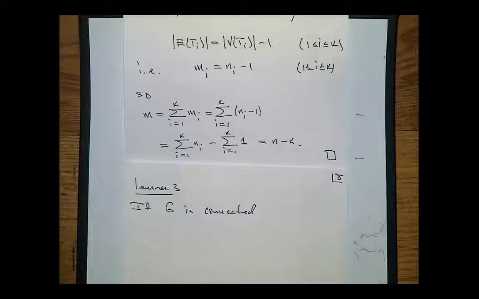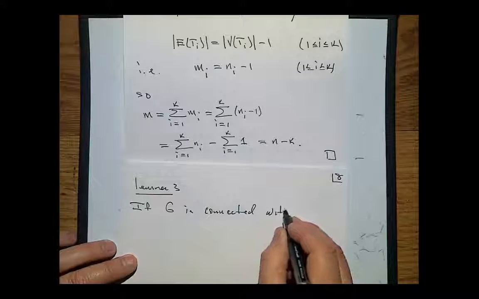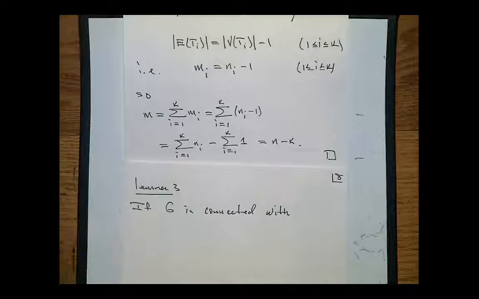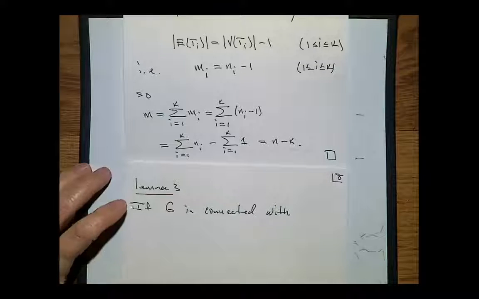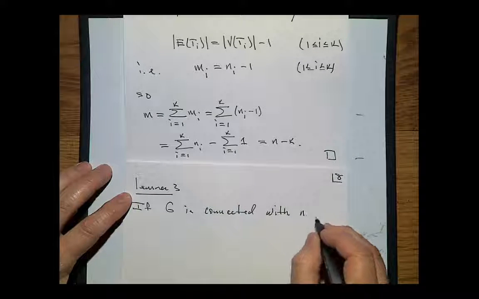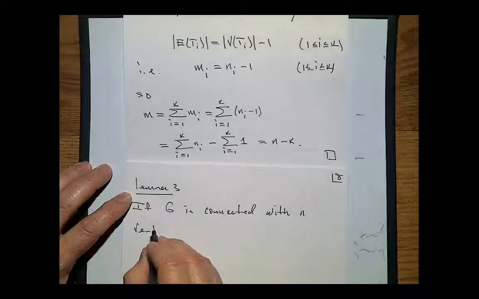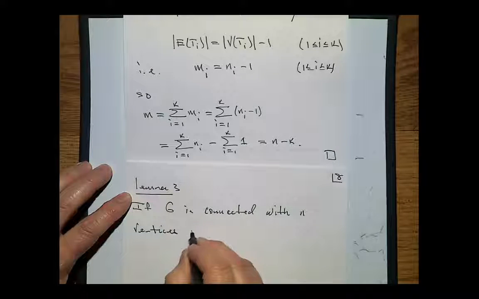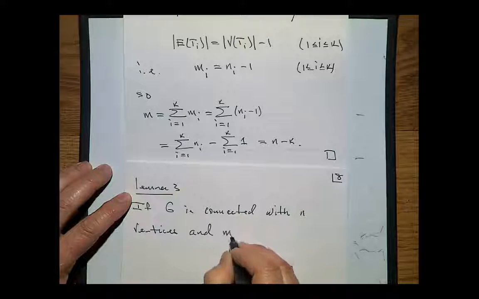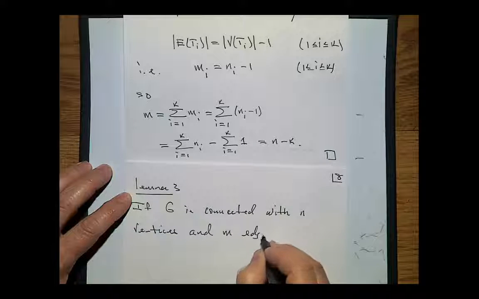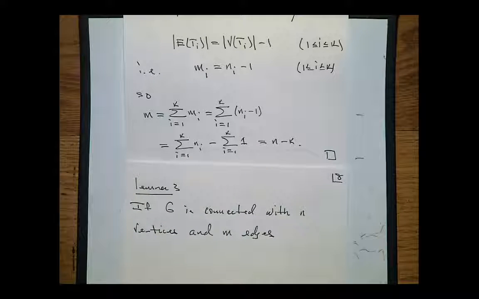Every vertex is reachable from every other vertex. With n vertices and m edges. Number of components is necessarily 1.